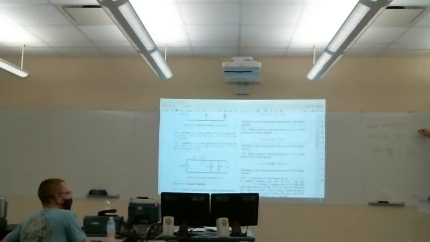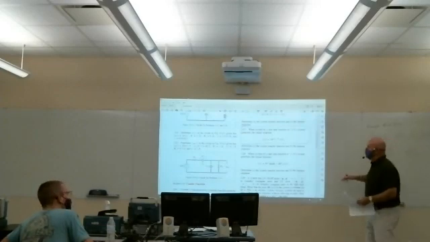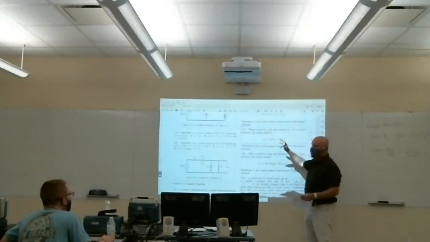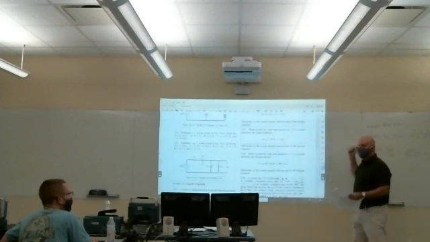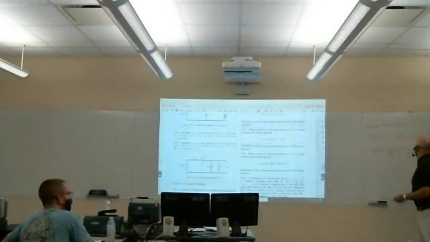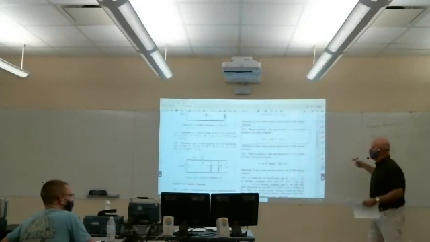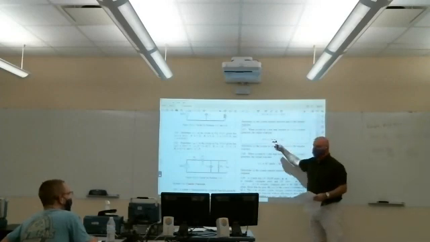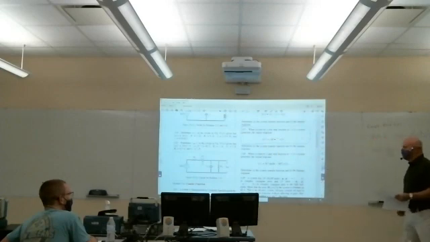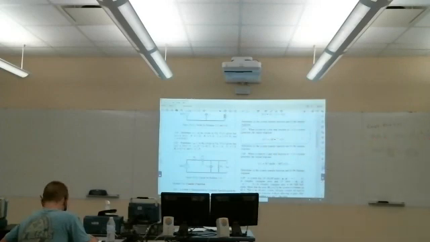Well, the 2 was for my table. So it was pair 7. Without this 10, t squared e to the minus 3t transforms as 2 over s plus 3 cubed. And then that 10 is this 10. Is that okay?